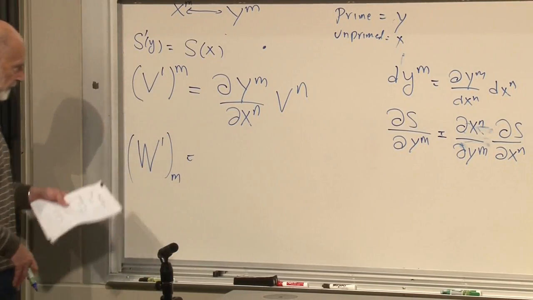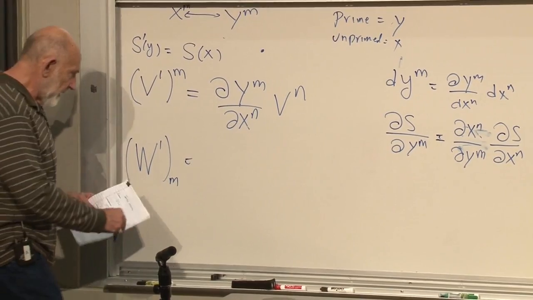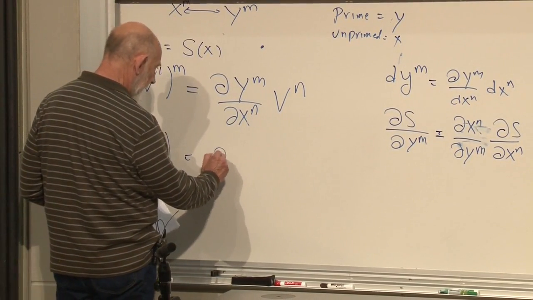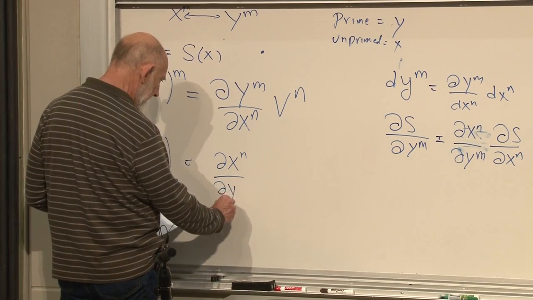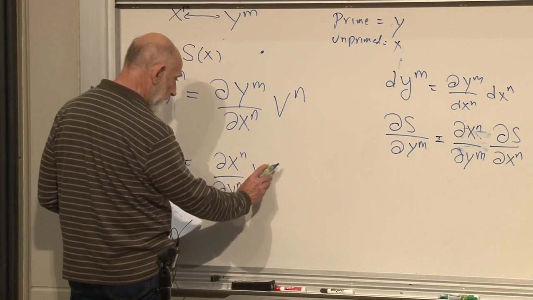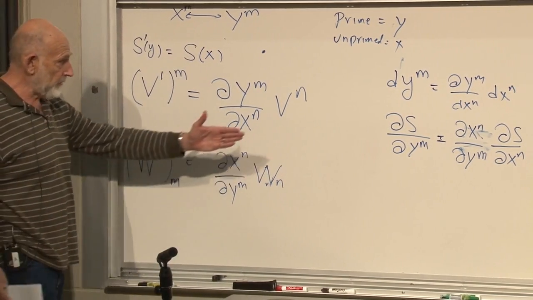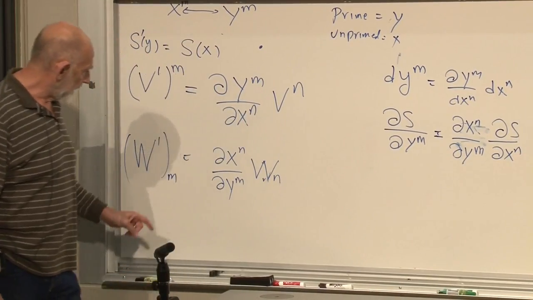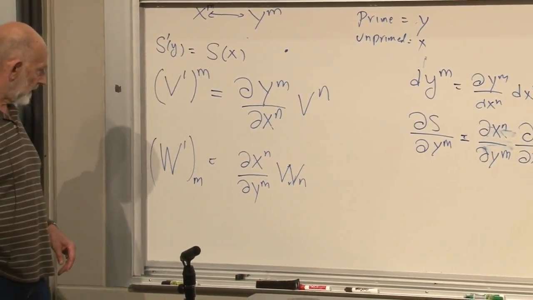I'm just using W and V to give different letters for things. This is equal to dx^n/dy^m W_n. Same pattern as over here. Again, dx by dy and so forth. All right.